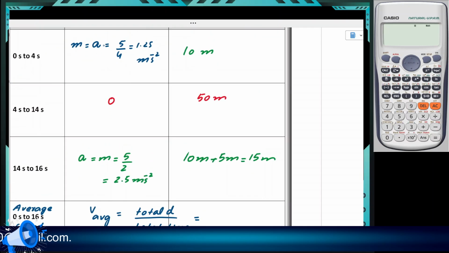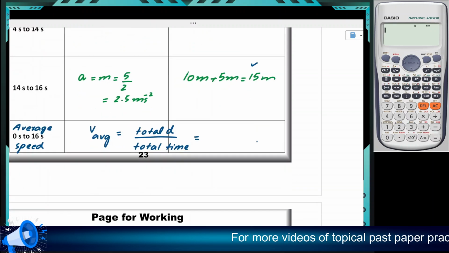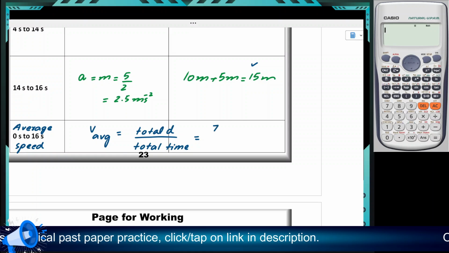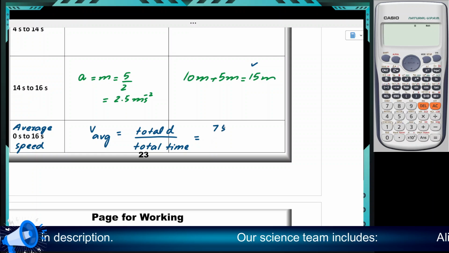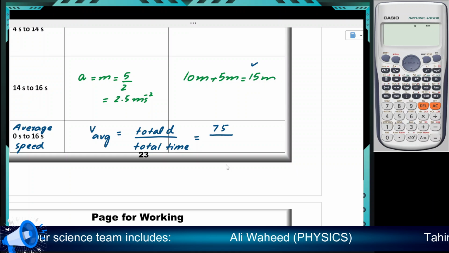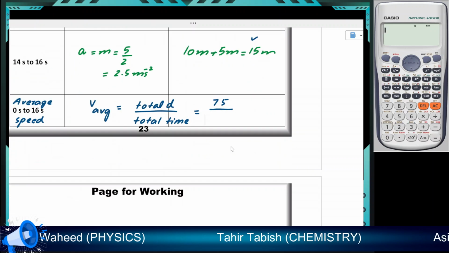So 10 plus 50 plus 15. So 50, 60, 70, and 75 is the total distance. 75 meters is the total distance, and the total time on the graph is 16 seconds.